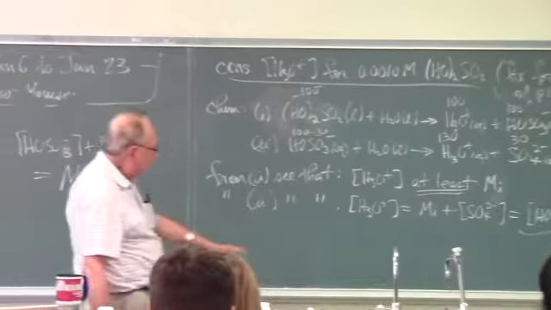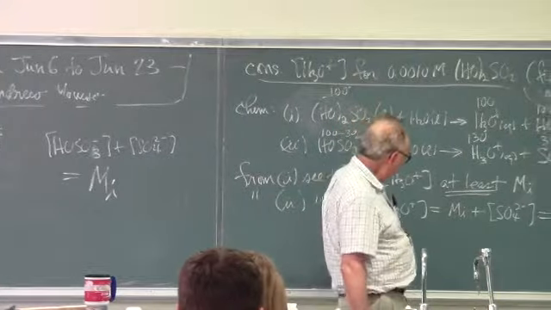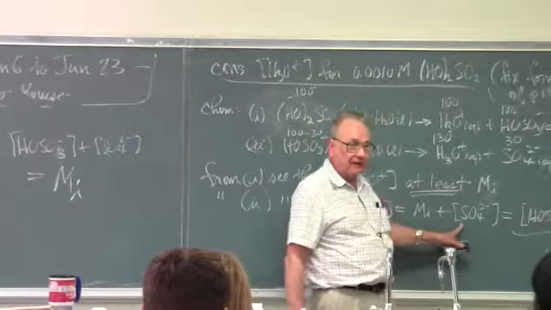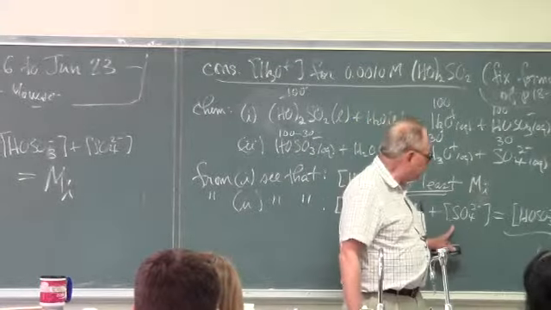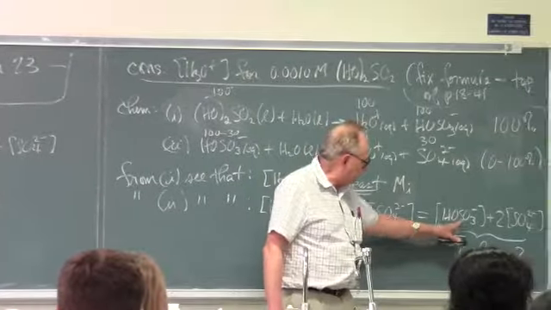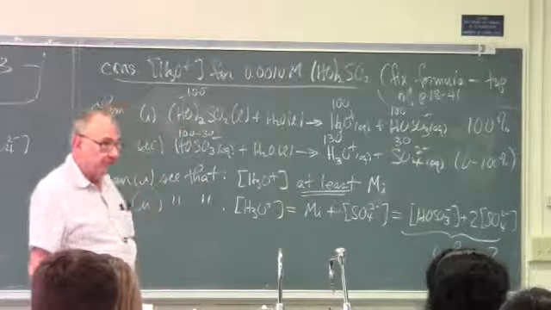So it follows that the hydronium ion concentration in any sulfuric acid solution is equal to the sum of m sub I plus the sulfate ion molarity, or if you wish to express it in different fashion, it's the hydrogen sulfate ion molarity plus twice the sulfate ion molarity. You see that?